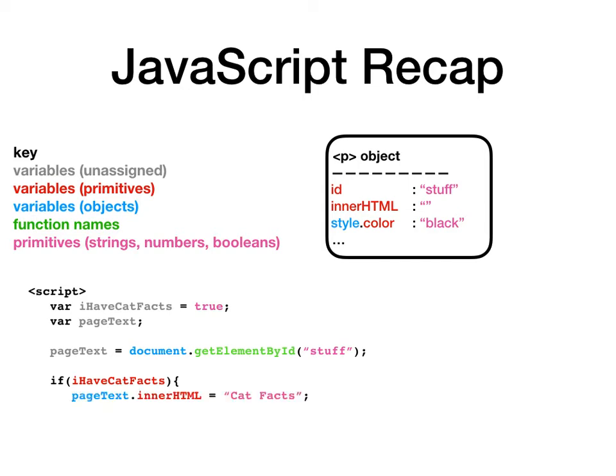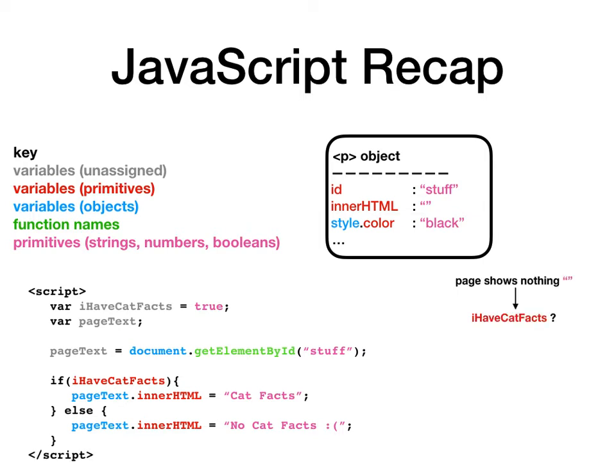If it's true, page text we're going to change to cat facts, and otherwise no cat facts, frown, right? Let's see what it looks like real quick. Page shows nothing. I have cat facts. Is it true or false? If it's true, page will now show cat facts. If it's false, page now shows no cat facts, frown.